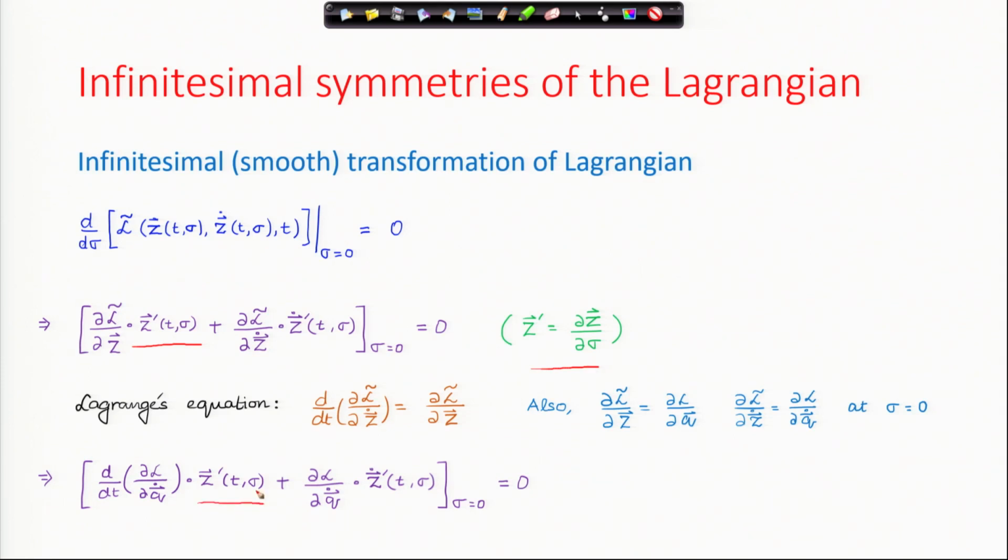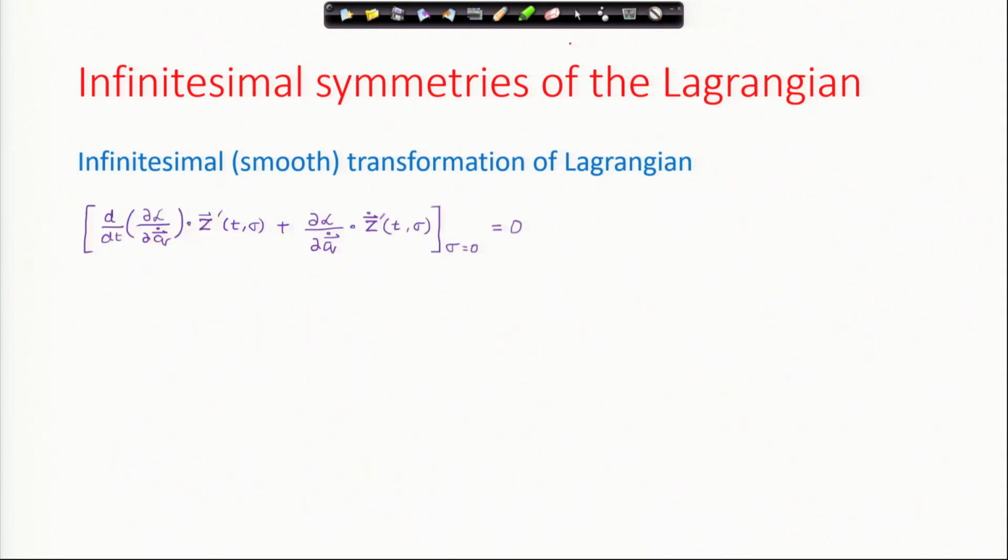So, that term remains here, plus ∂L̃/∂z at sigma equal to 0, ∂L̃/∂ż is nothing but ∂L/∂q̇, of course at sigma equal to 0, dot this ż prime, and I will take sigma equal to 0. Here I have already taken sigma equal to 0 in these terms, it remains only here, there I will put sigma equal to 0.